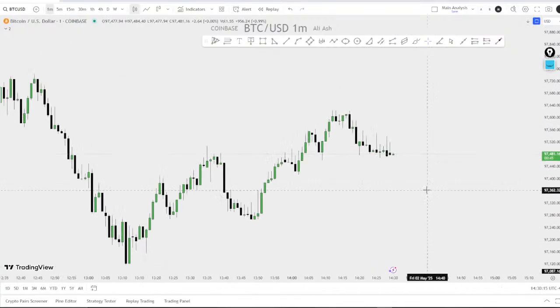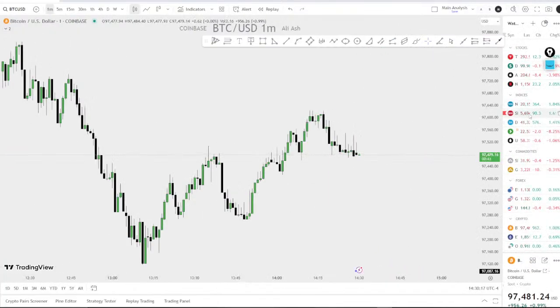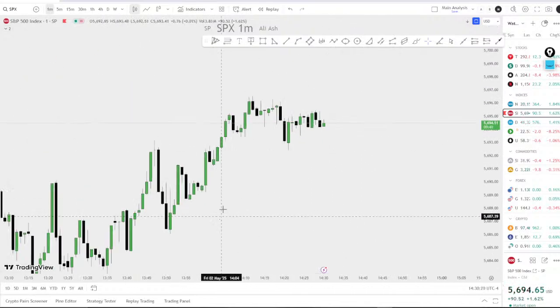Let's see if we can find one in the live market. We can use some other asset. Okay, here we go. We have the pennant.